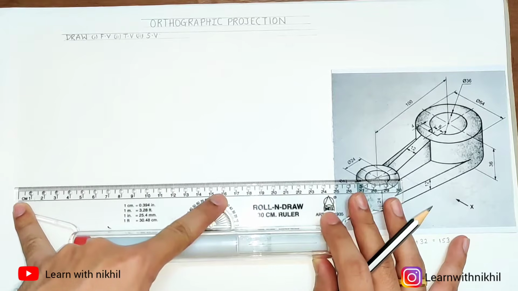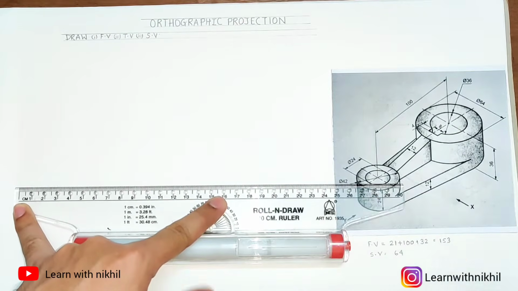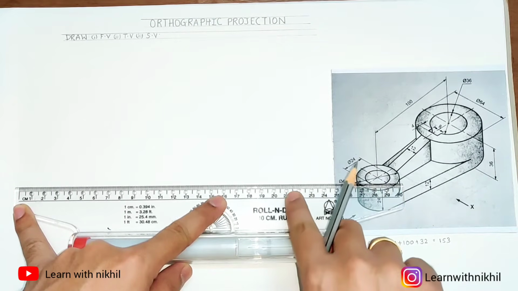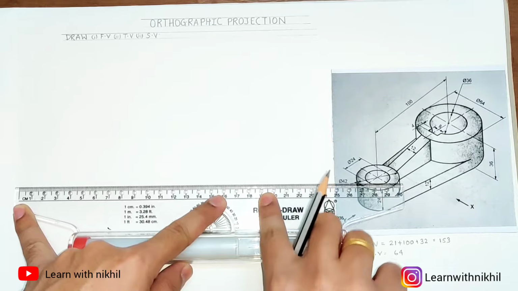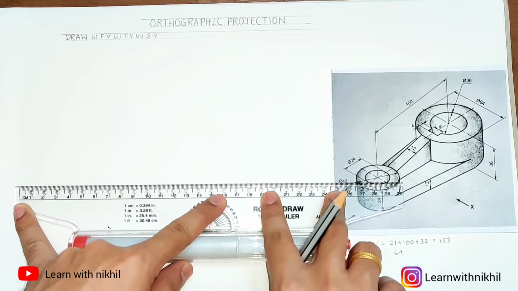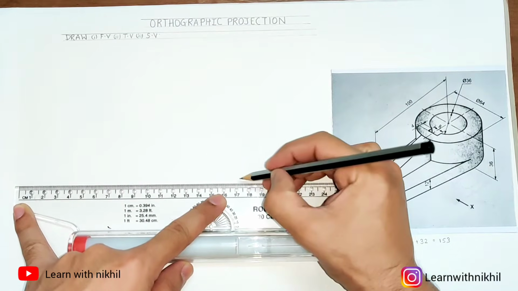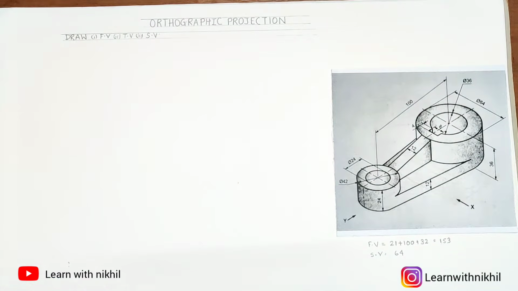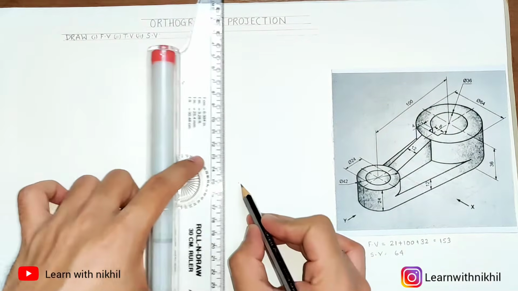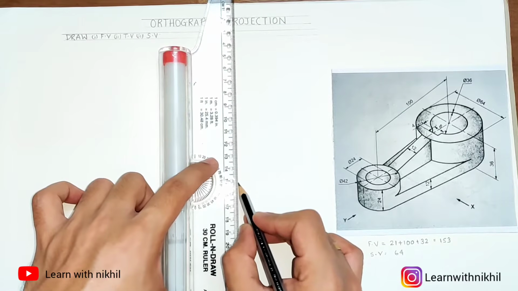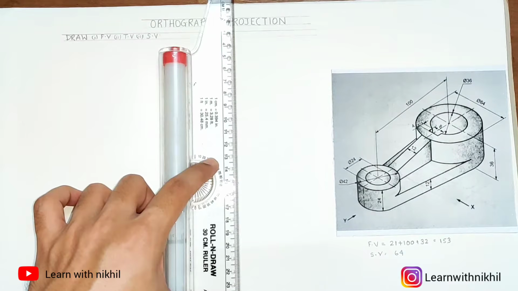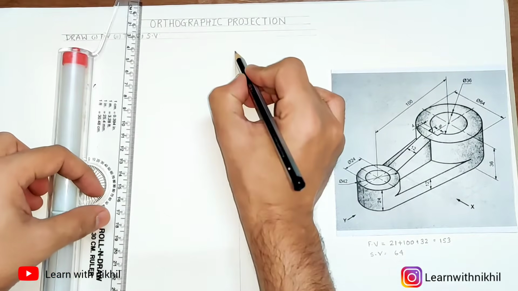So this much distance will be required to draw the front view, and this distance 64 millimeter, this part will be required to draw the side view. So the axis straight line we will draw here. So from this point we will draw a straight vertical line. This axis will be XY.